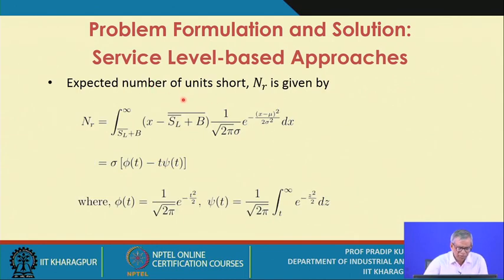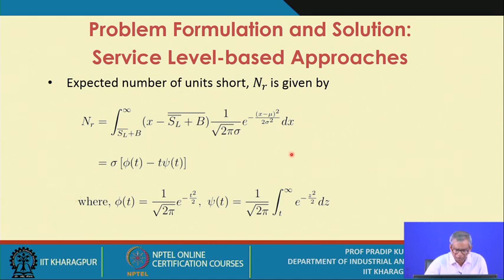Now in this case the expected number of units short, NR, is given by, again using the same logic, the integration from SL bar plus B up to infinity of (x minus (SL bar plus B)) into f(x), the normal density function, into dx.